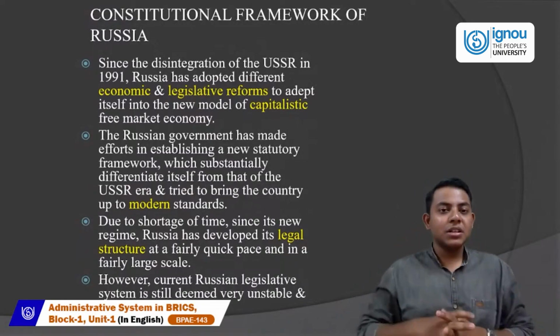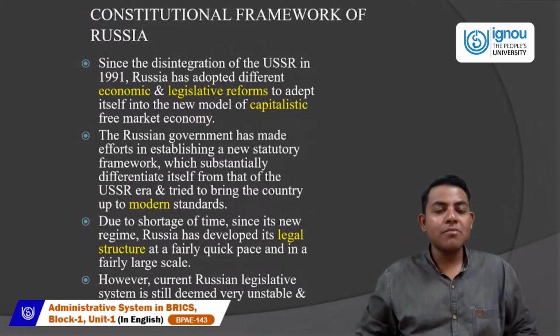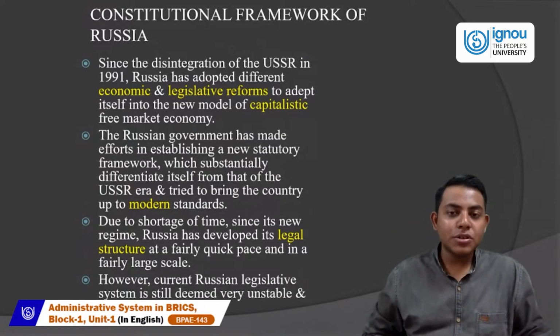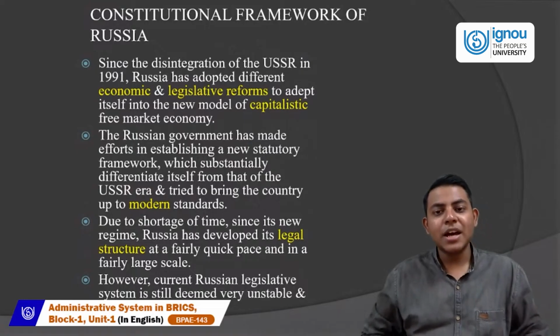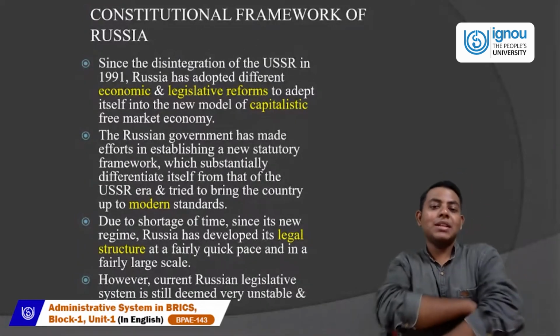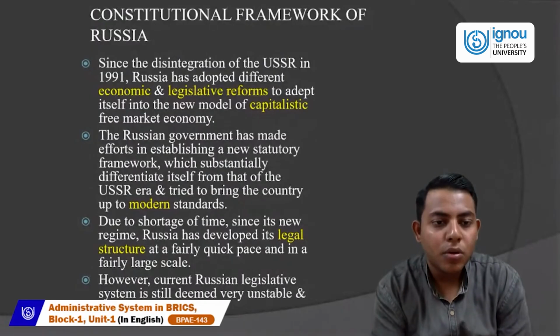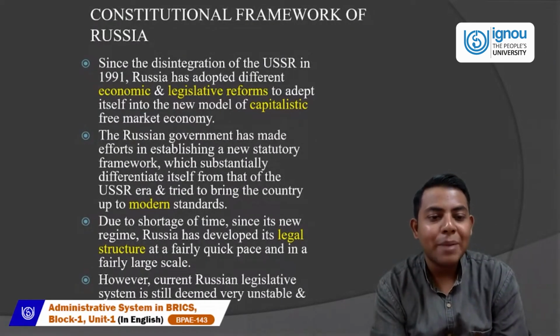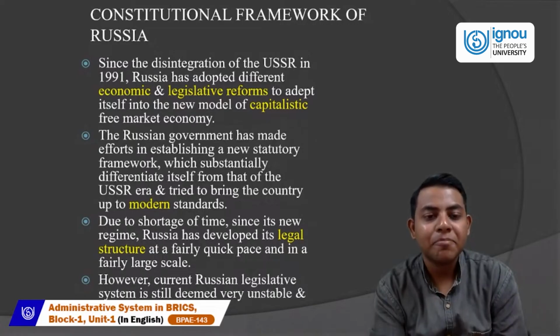Now we shall be discussing the constitutional framework of Russia. Since the disintegration of the Union of Soviet Socialist Republics, that is USSR or Soviet Union, in 1991, Russia has adopted different economic and legislative reforms to adapt itself to the new model of a capitalistic free market economy.